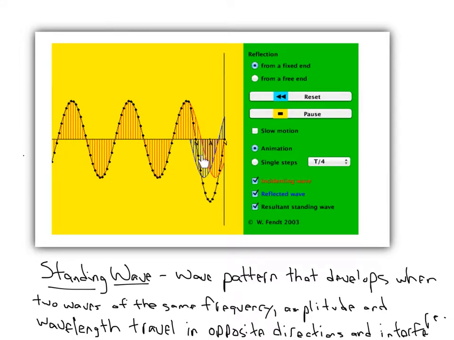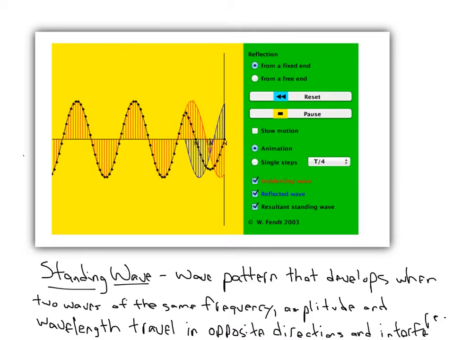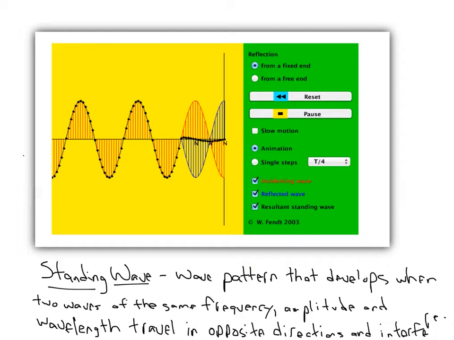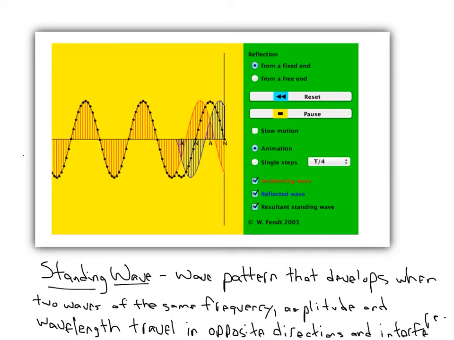But the reflected wave is soon going to encounter another incident wave, but this incident wave is on the opposite side, so they're going to create an area of destructive interference and cancel out, which we'll see right here. So at this point, the reflected wave is here, the incident wave is here. They create destructive interference. And let's let the video run, and you're going to see this repeating throughout the rope.